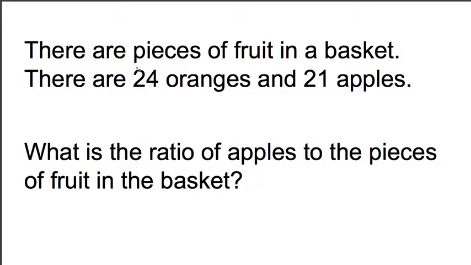There are 24 oranges and 21 apples. Now it's asking for the ratio of apples to the pieces of fruit in the basket. When they say pieces of fruit, it's referring to the total. "Miss, the total is not given here. What do I do?"